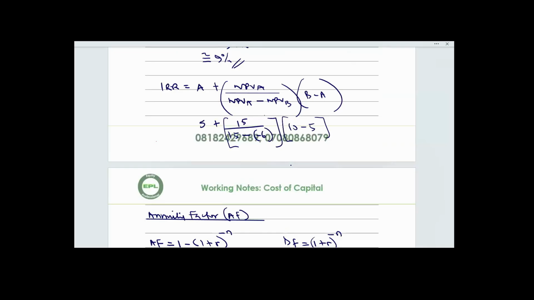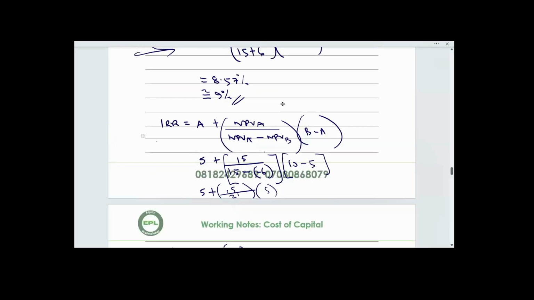Minus times minus returns to positive, isn't it, Andrew? It is, I understand now. So this will be equal to 5 plus 15 divided by 21, multiplied by 5. So you get your answer to be approximately 9%.